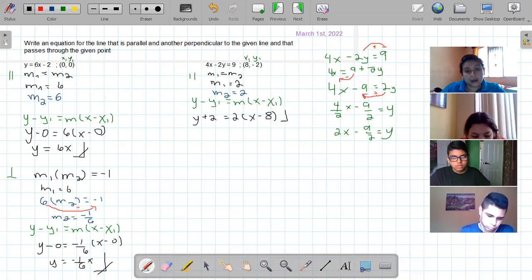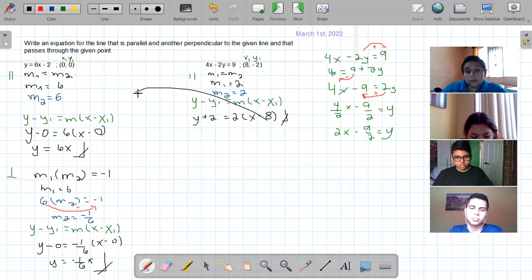And I'm gonna leave it like that because I'm not requested to write it in a different form. I'm not requested to write it in standard form or slope-intercept form. It just says find an equation, and that's the equation. It's not a simplified equation, but there it is, the equation, okay?